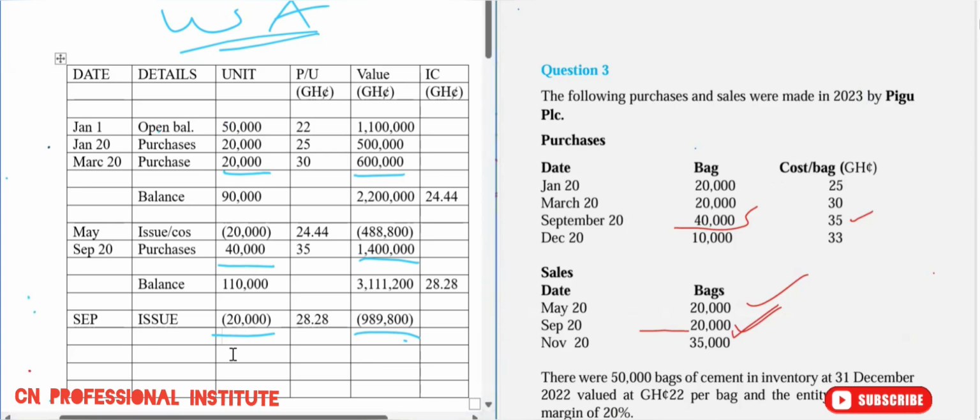We are going to have 90,000 left, and then subtracting this one, we are going to get 254,600.